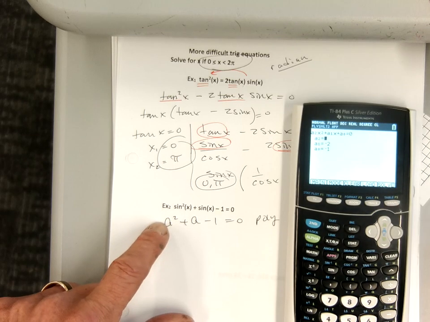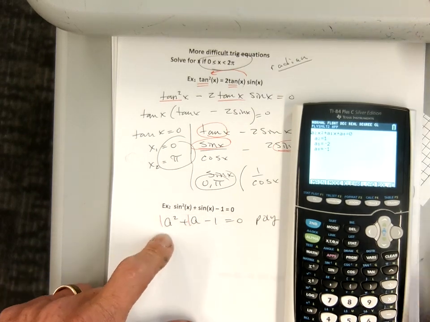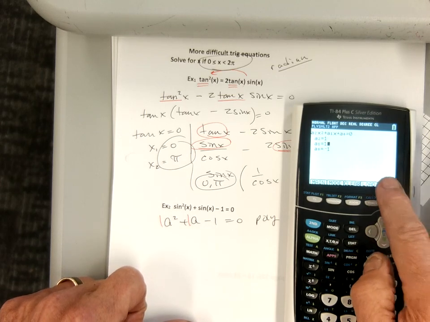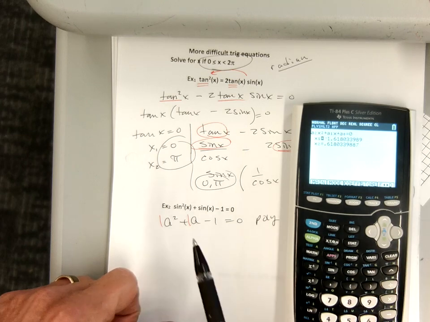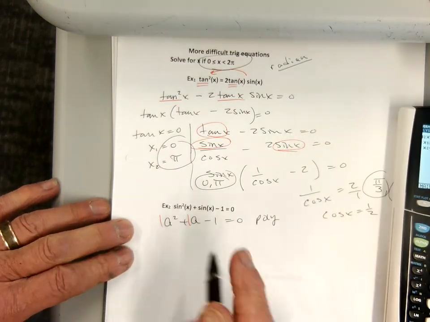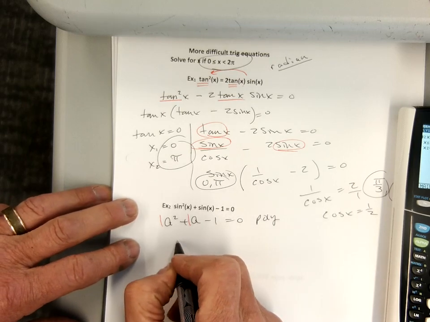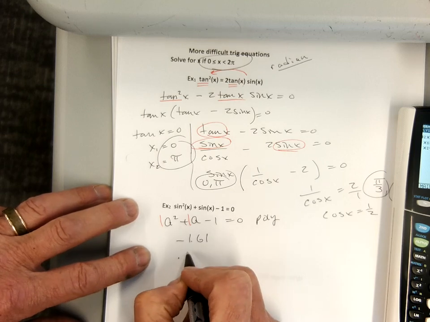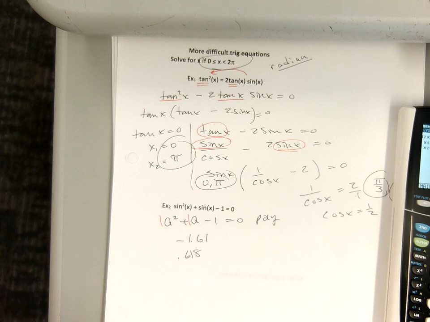I'm going to enter 1, 1, negative 1, and push solve. And I get 2 answers. So really, if I were to factor or use a quadratic formula, I have a negative 1.61 and a 0.618. Well, that's sine. So I can't factor it.